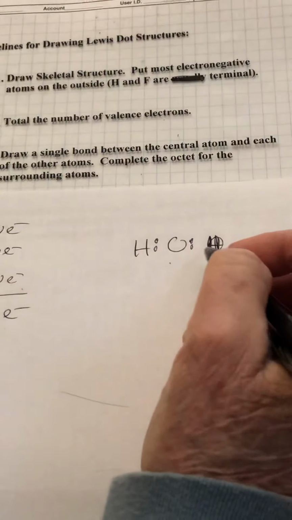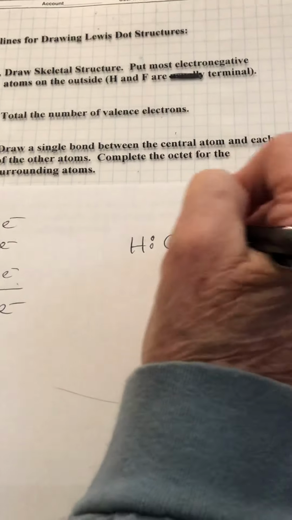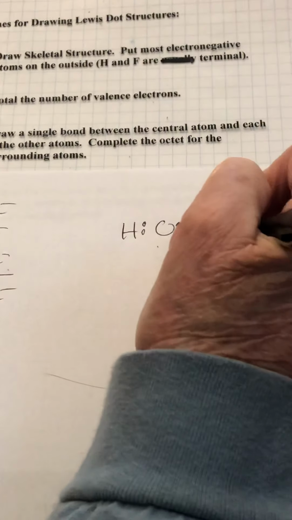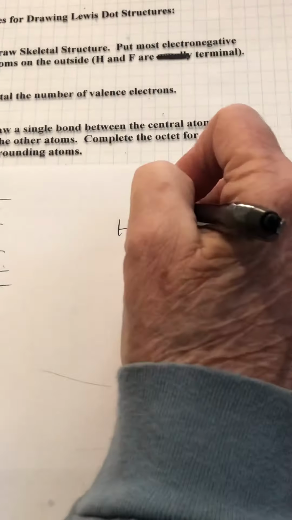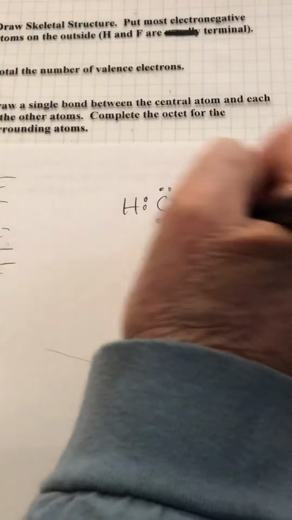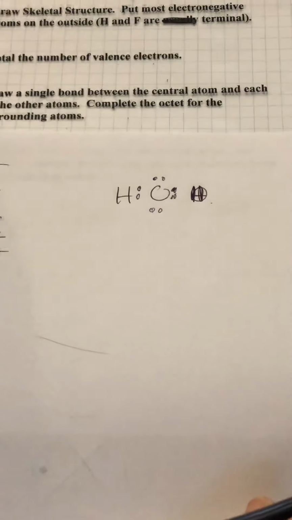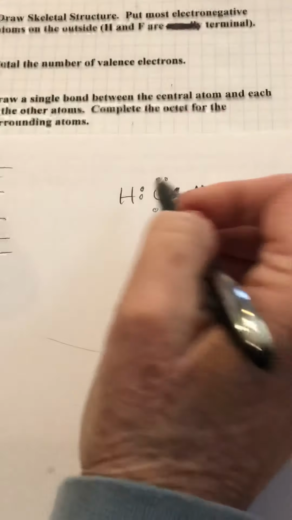I would complete the octet then for the outer atoms, except hydrogen never has more than 2 electrons by it. So we're going to take these 4 electrons and complete oxygen's octet. Later on, I'm going to do some samples on a tablet, and I'll show you more of this. But draw a single bond between the central atom and the other atoms.